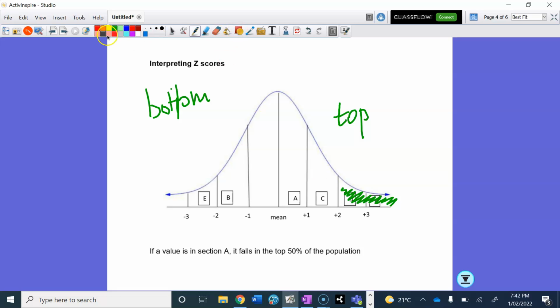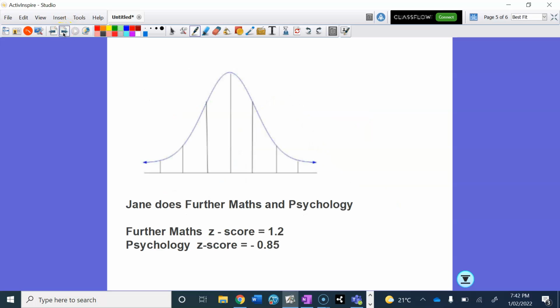Now a further maths SAC is quite open-ended, and we might give you a question with some information about Jane and her further maths and her psychology scores or whatever. It might ask you to calculate a Z-score, interpret, and compare which subject she did better in.